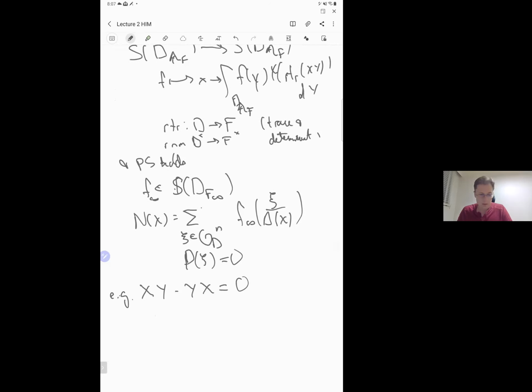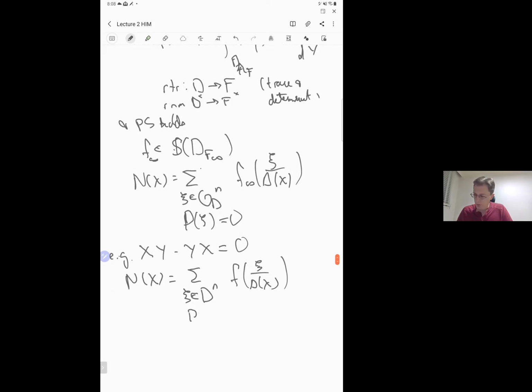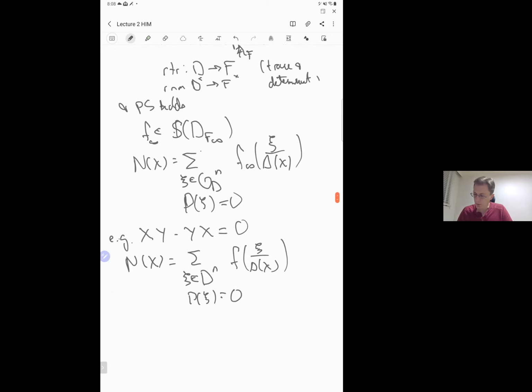And instead, you could study, and it's more flexible to study, the sum over c in D^n of f(c over delta of X), where P(c) is equal to 0, and f is an adelic Schwartz function.